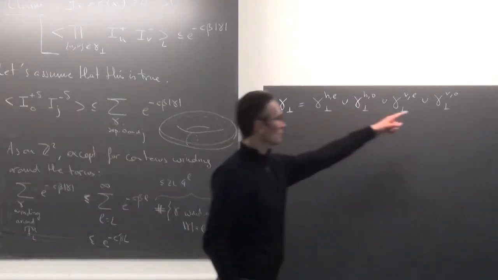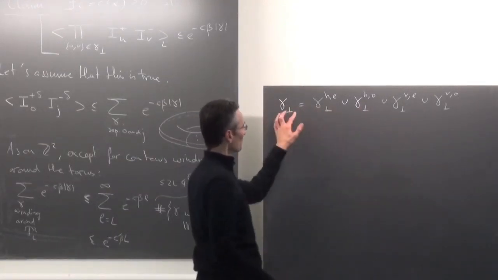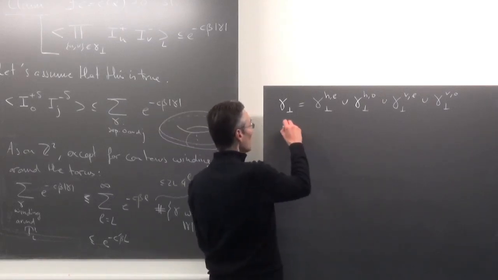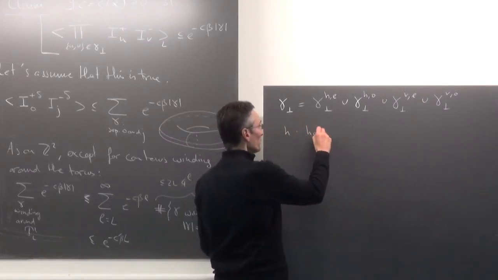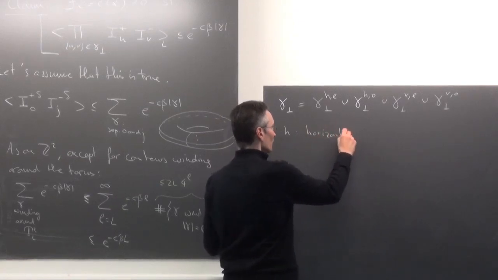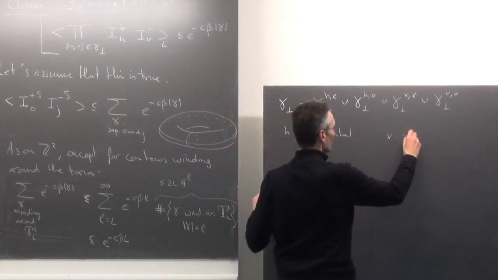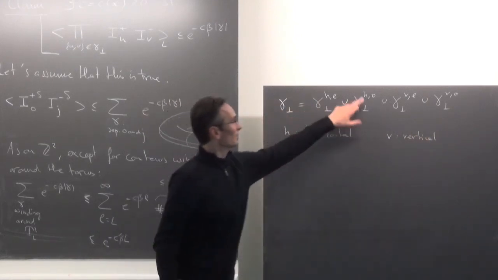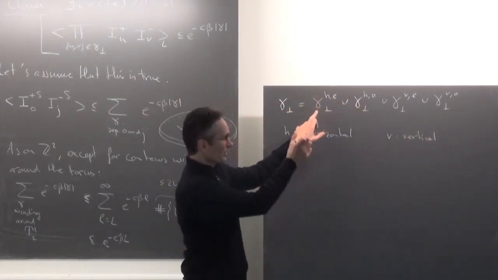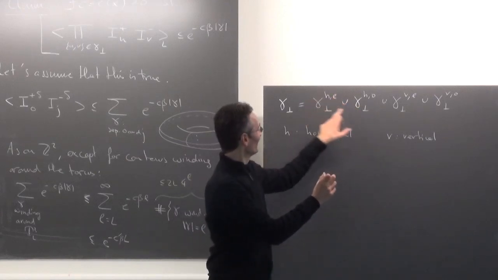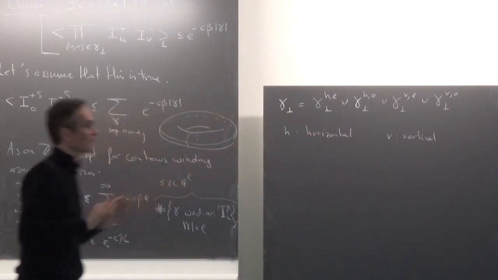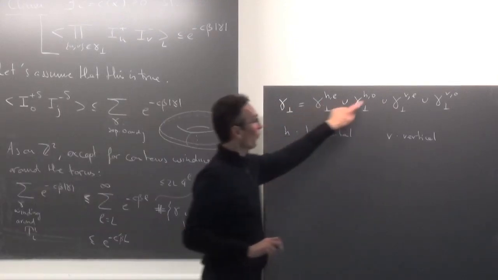So these are disjoint subsets of gamma orthogonal, which are defined as follows. So H is for horizontal, V for vertical. Okay, so that's easy. So these are the horizontal edges, the horizontal pairs of neighbors in gamma orthogonal. These are the vertical ones. That's easy. Now, what are the E and the O?